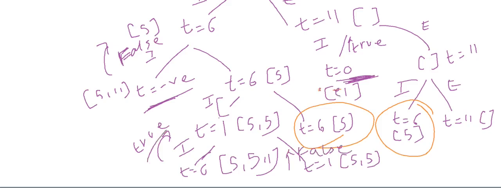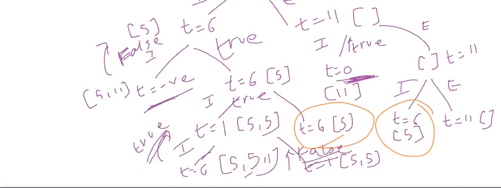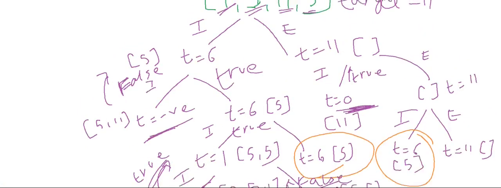So what we need to do is take the OR. If any of these returns true, then we need to return true. So we need to take the OR of this include and exclude, and we need to return true here at our parent branch. So here we're going to return true, and here we're going to return true, and here we're going to return true, right? Because this is 5, 5, 1. 5, 5, 1 is 11, right? So we already found a subset whose sum is 11 in this branch.